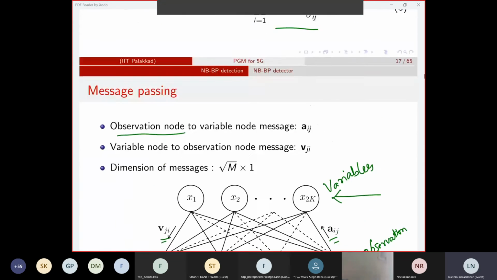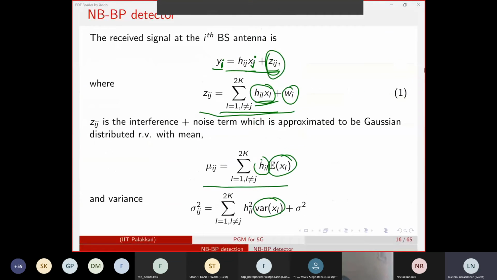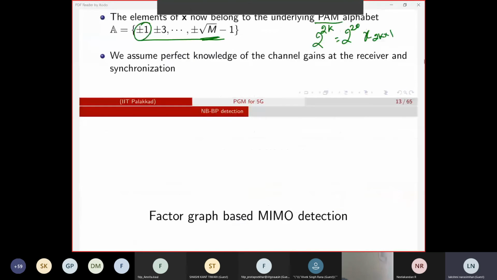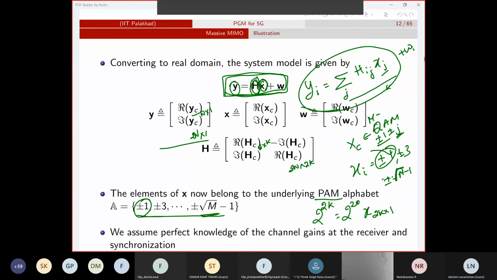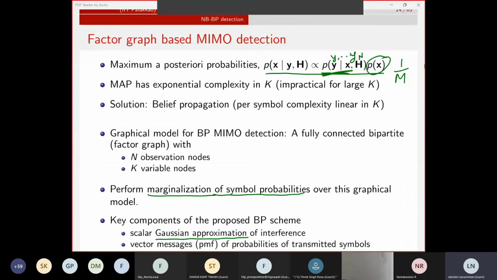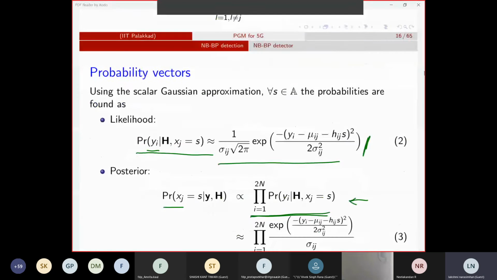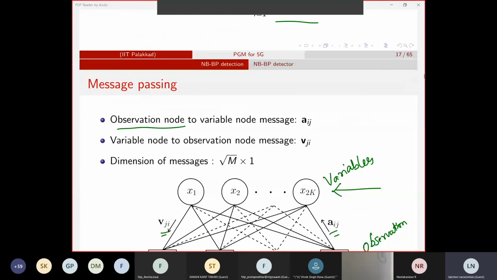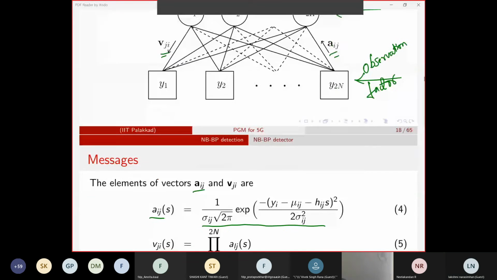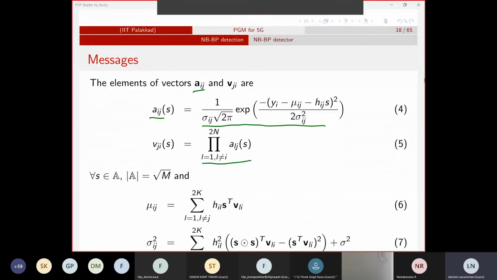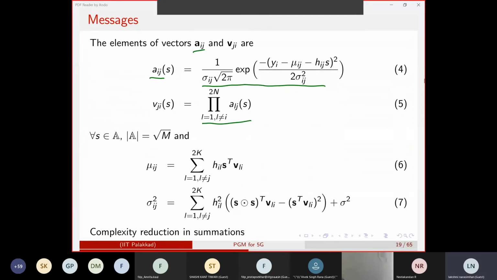That's simply because each of the variables can take more than 2 values here. So having scalar messages does not really help. We need to do the marginalization for each and every value of the variable. So that means the messages themselves should be vectors.